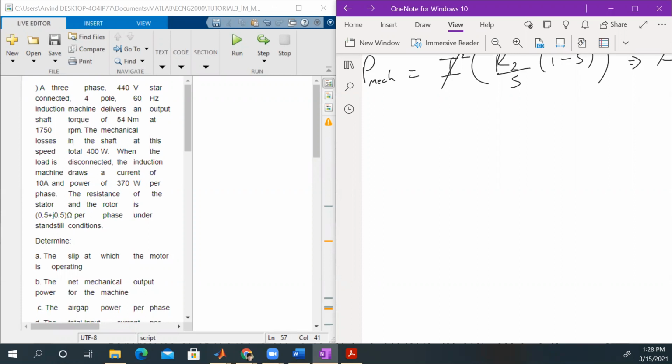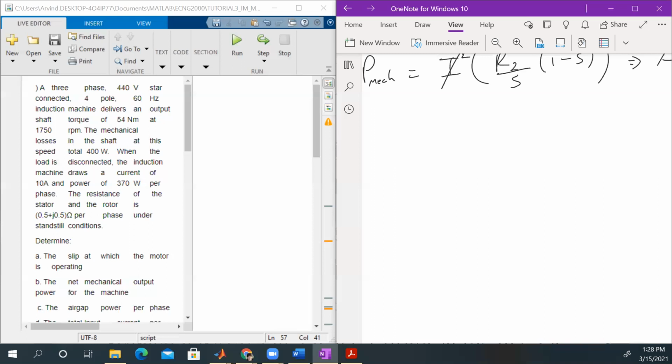So again, the mechanical losses refer to the friction and windage losses, or the rotational losses also. When the load is disconnected, the induction machine draws a current of 10 amps and power of 370 watts per phase. Resistance of the stator and rotor is 0.5 plus j0.5 per phase under standstill conditions. Then we have to determine all these things.